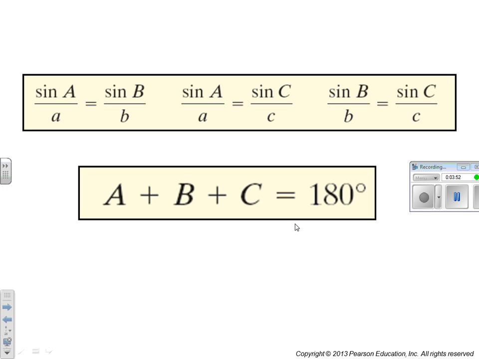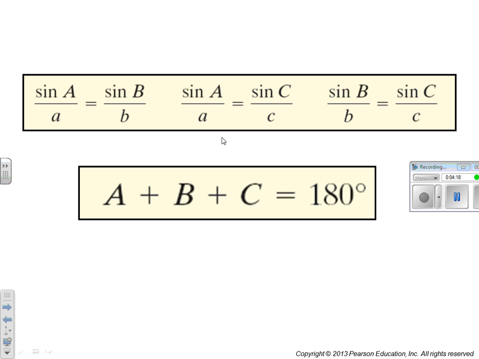Do not forget the triangle sum theorem. Angle A plus angle B plus angle C is equal to 180. It might be easier to solve angles that way instead of using the law of sines. So there are three different ways we can use the law of sines, any of these proportions, and it varies based upon the information you're given.